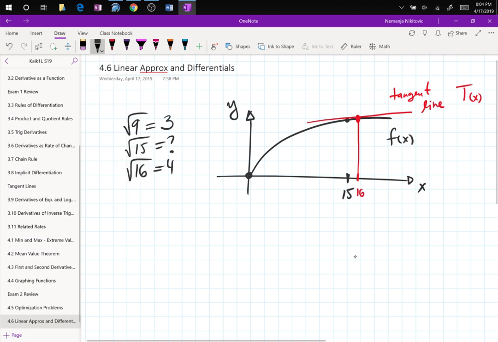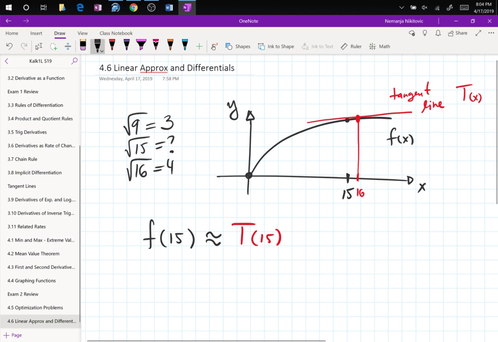So f of 15 will be very close to t of 15, and this is what we are calculating. I think you will be amazed to see how close these things are.